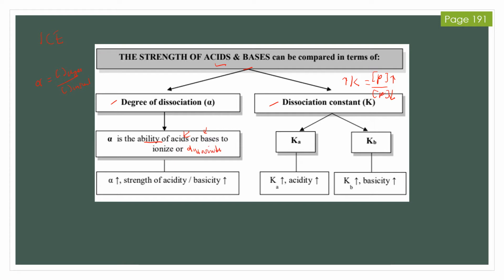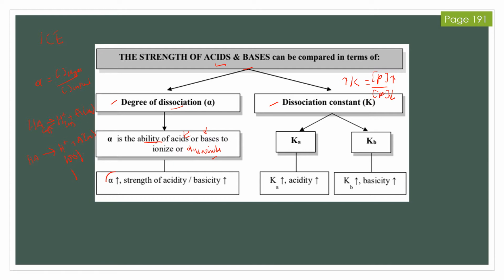So if we write the equation, HA for example for the acid, since this is a weak acid, we can write HA giving H plus and A minus, all in aqueous form. If HA fully dissociates, we get H plus and A minus, which is 100% dissociation, or 1 for the degree.